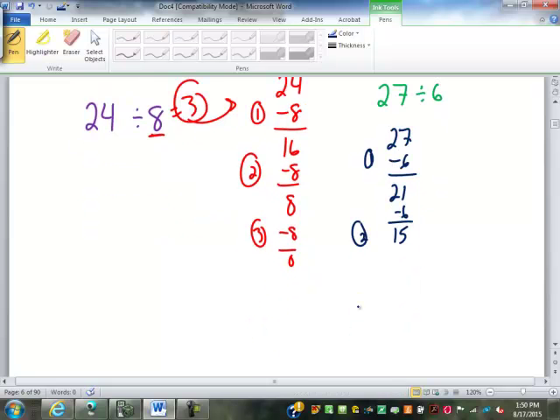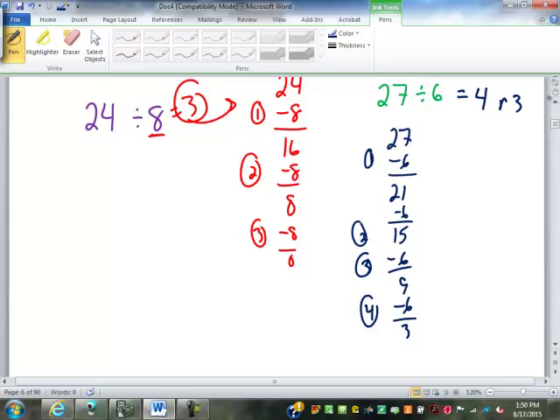Minus another 6 is 9, that's 3 times. And minus 6 again is 3. That is 4 times. Can I subtract 6 again? No. So 27 divided by 6 is 4 with a remainder of 3, or 3 left over.